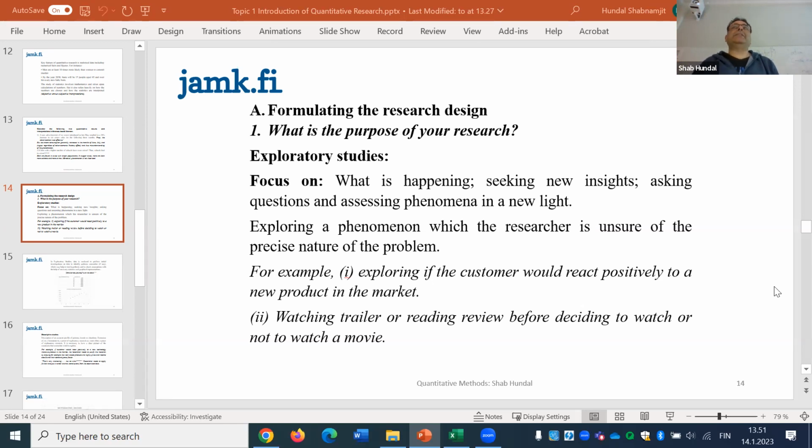Technically, this type of research is closer to qualitative research because you don't have the theory in the first place, or maybe a very raw form of theory, but not a concrete theory. But still, you can use a bit of quantitative research. But the role and the scope of quantitative research is very limited.